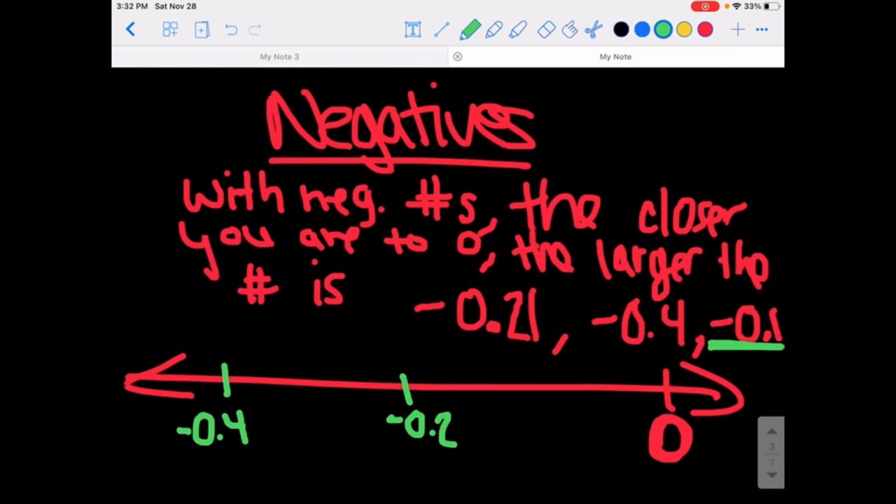Then we have negative 0.21, and then negative 0.1 is the closest to 0, meaning it's going to become a positive number faster than these two. With positive numbers, the farther away you are from 0, the larger the number is. So again, the negatives are the only thing. Other than that, everything stays the same when applying them on the number line.